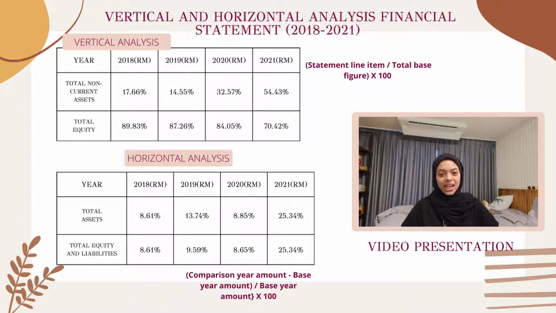For year 2020, the total asset gets 8.85% and 8.65% for total equity and liabilities. The percentage in year 2021 for total asset is 25.34% and for total equity and liabilities also gets the same percentage, which is 25.34%.